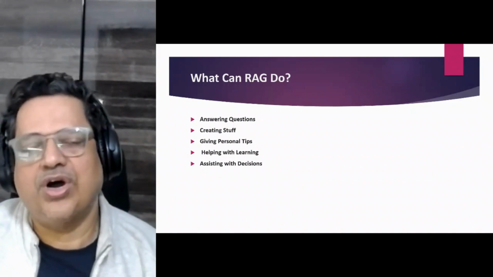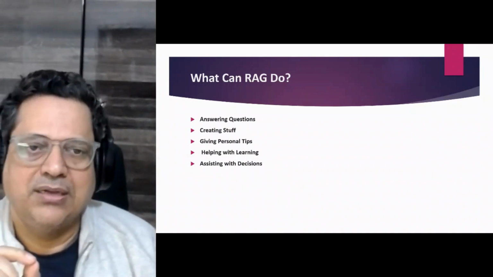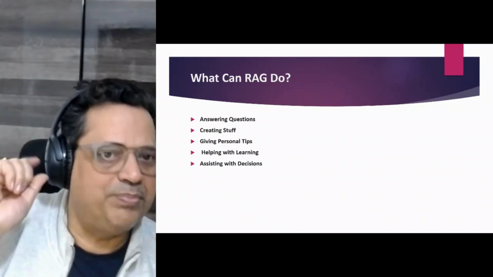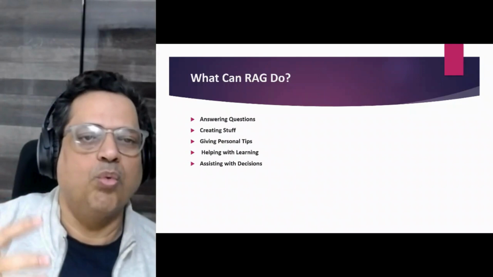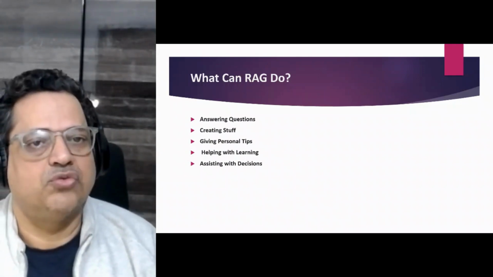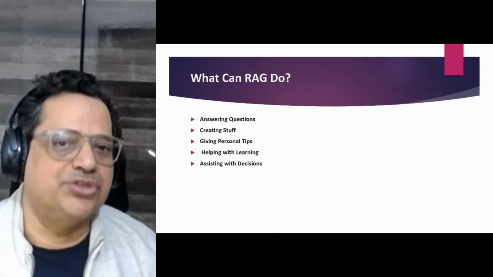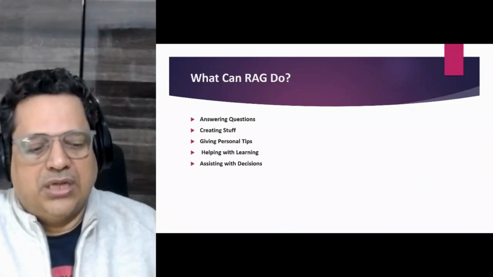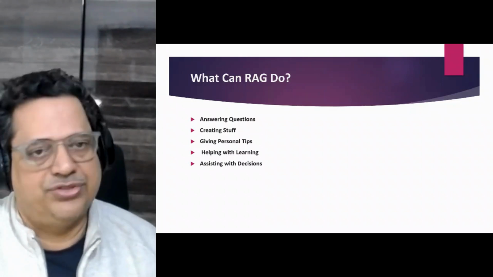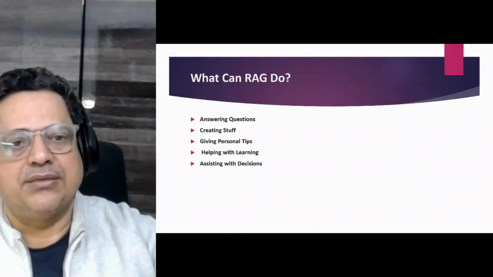Next is, what can RAG do for you? This is again a very fundamental, basic level, but it will give you some use cases in your brain. You should start thinking about what use cases RAG could help you with. First, which is easy to understand, is answering questions, right? You have a question and your assistant has a large knowledge base. It can answer your question based on its knowledge base. But it won't stop there.